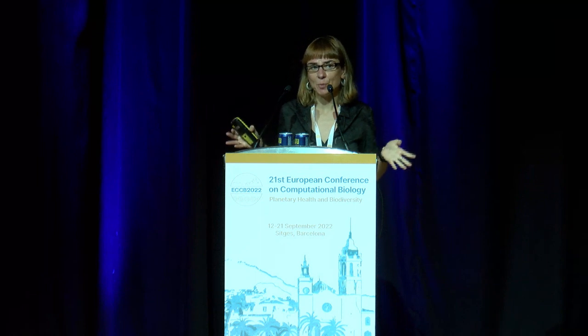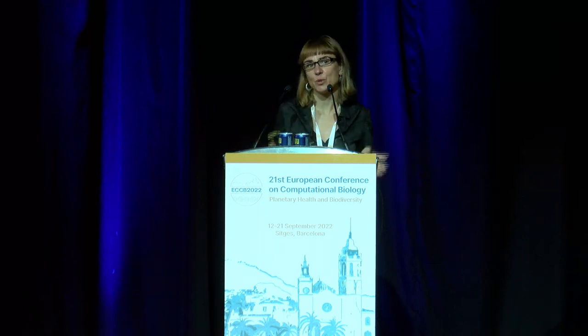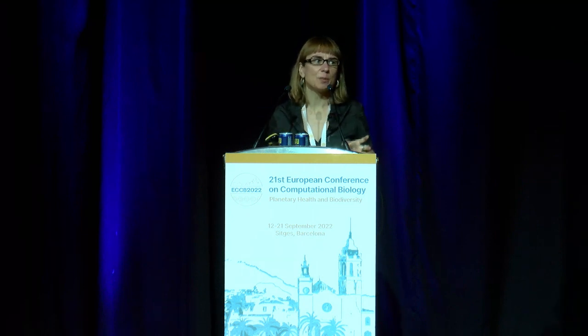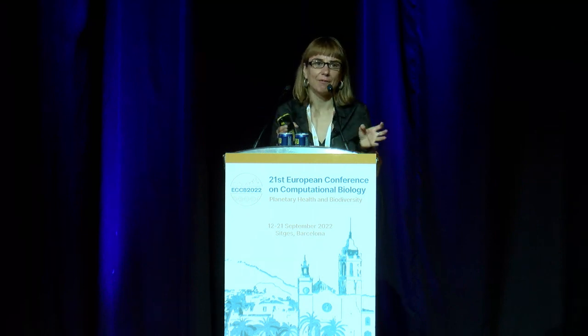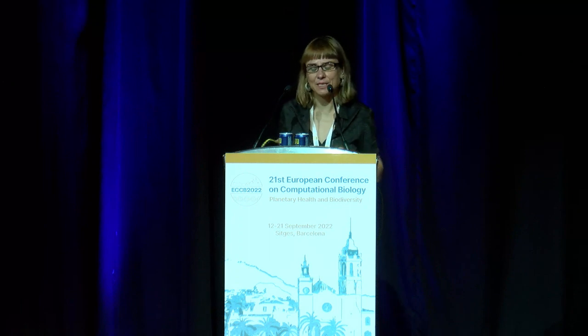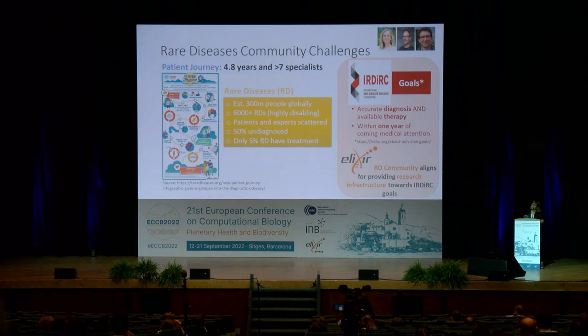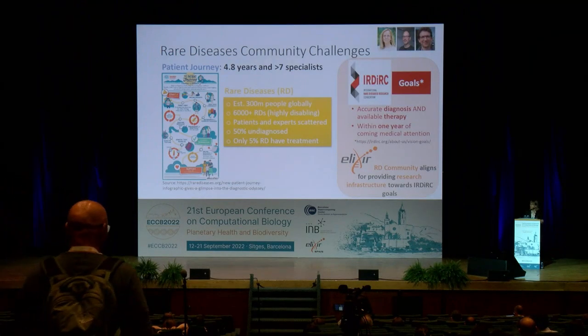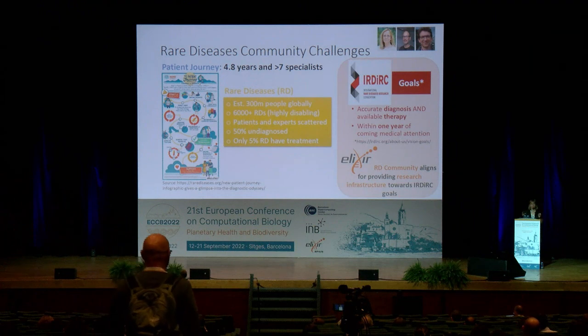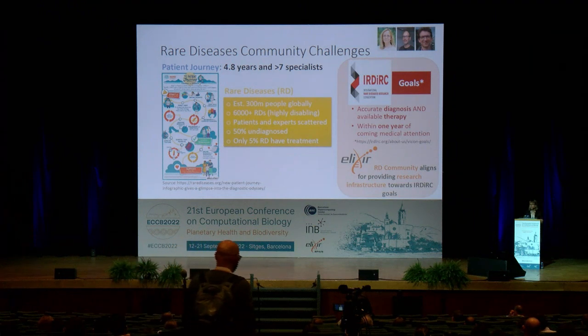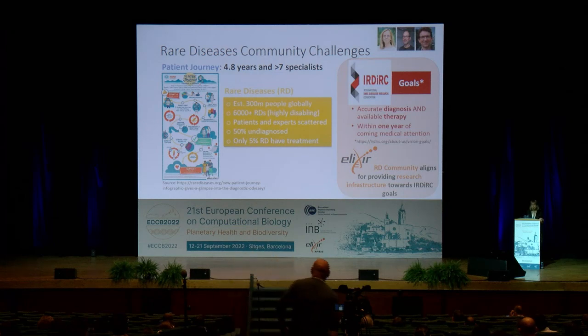And from all these people, only half are actually diagnosed. And we only have known treatments for 5% of this community. So the International Rare Diseases Research Consortium, IRDiRC, has set goals for 2027 to provide an accurate diagnosis and available therapy within 1 year of the first encounter with the medical doctor.